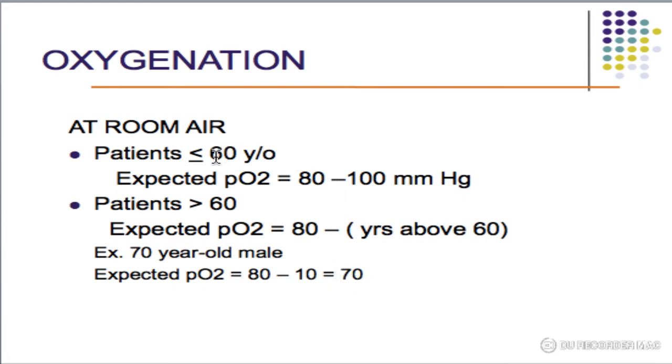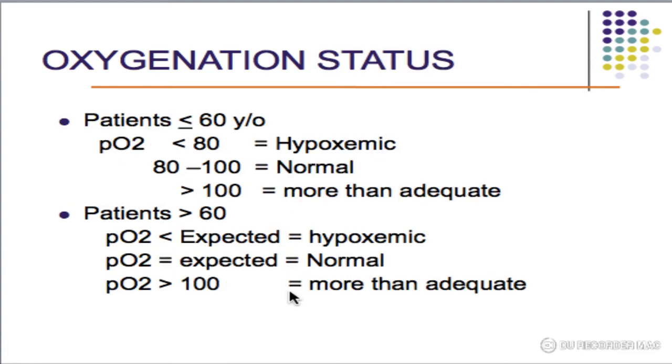But if the patient is below 60, 80 will be the normal parameter or the normal range for your oxygenation. So a patient below 60 years old with a PO2 of less than 80 will be hypoxemic. So 80 to 100 will be normal oxygenation. Above 100, it is more than adequate in your interpretation.